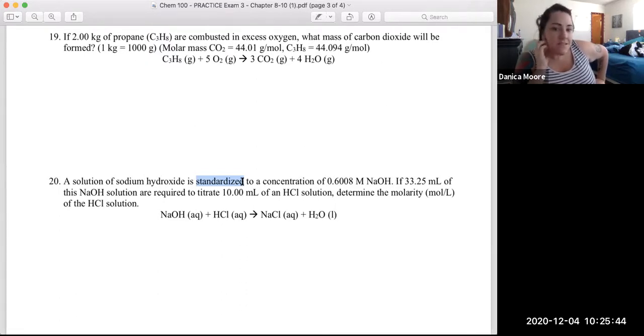Now, technically speaking, do you need to know that it's a titration problem? Not really. It's basically just a solution stoichiometry problem, a particular kind of solution stoichiometry problem. So titration and solution stoichiometry are the same thing. The titration part of it is just the technique in the lab. Does that make sense?